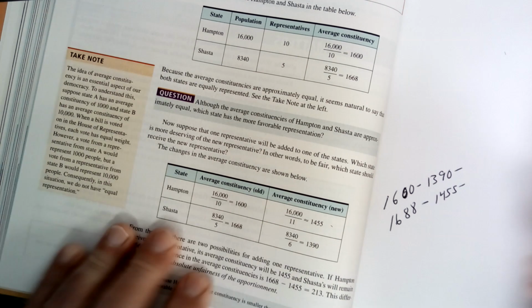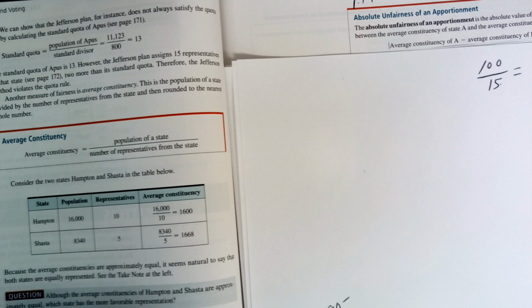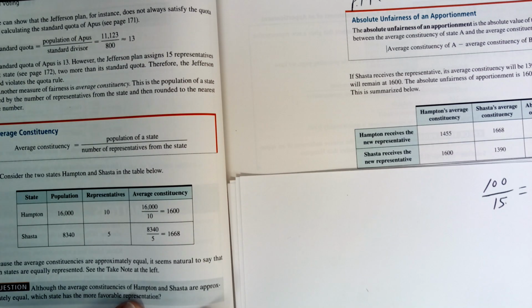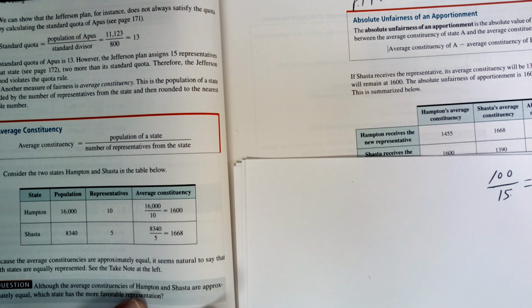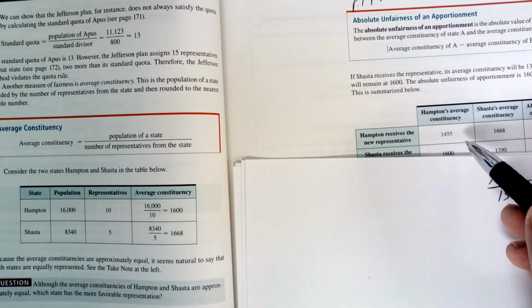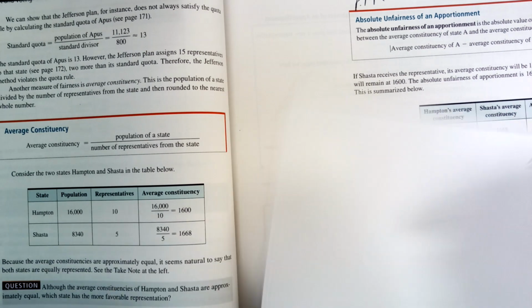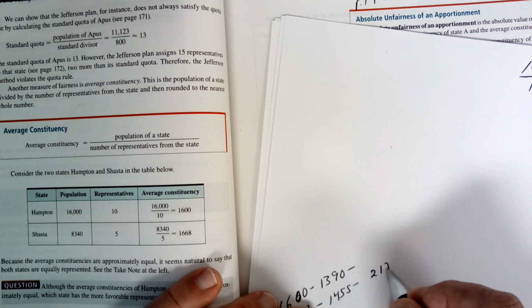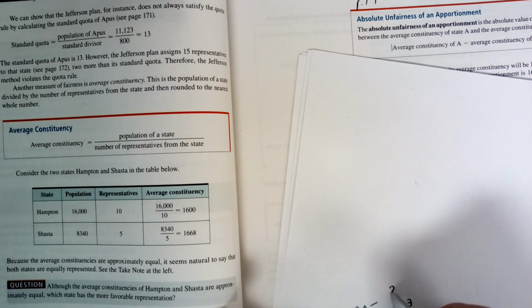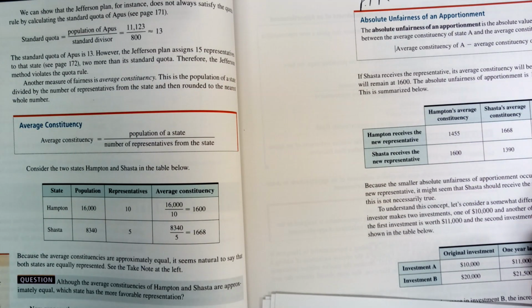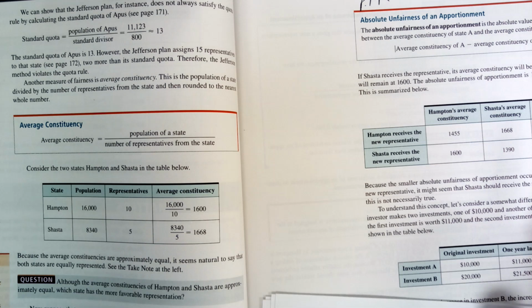And when you do that, you're going to get the absolute unfairness, which in one of these will be 213, okay, the 1668 minus the 1455, that's going to give you 213. And the other one is going to give you 210. Okay, and I'm just looking right on the book right here. And there it is. Okay? So that is the absolute unfairness of the apportionment right there.